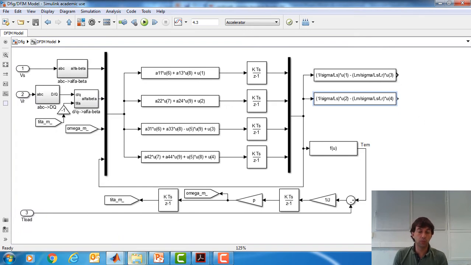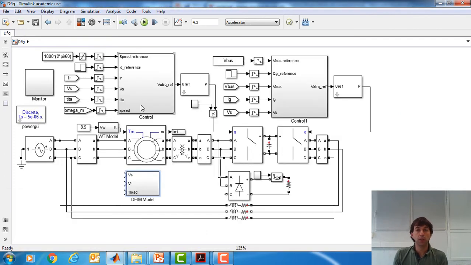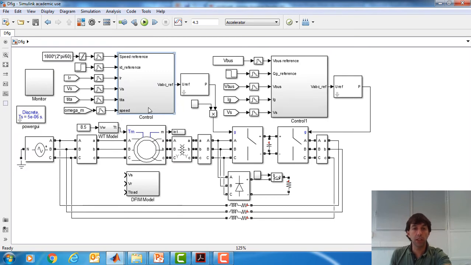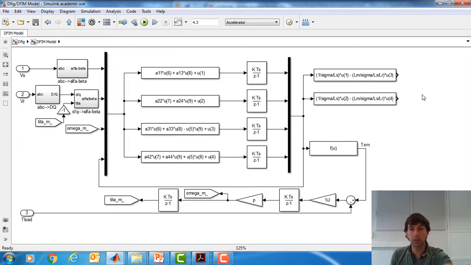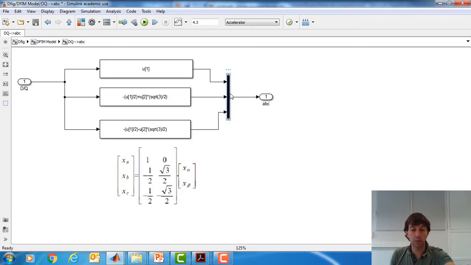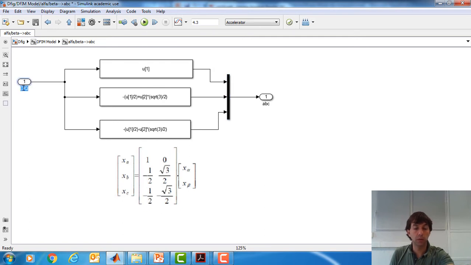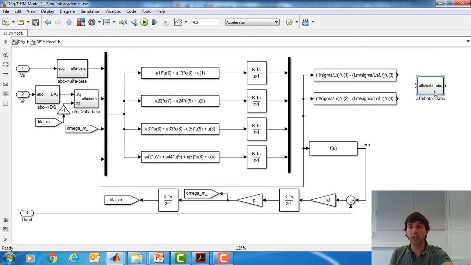Therefore we need to transform, for instance, to ABC. Therefore we need another transformation, which could be this one, where we are here. We need another multiplexer, probably there's a smaller one here. Okay, this is going to be alpha beta, let's call it properly, which is the equivalent transformation.